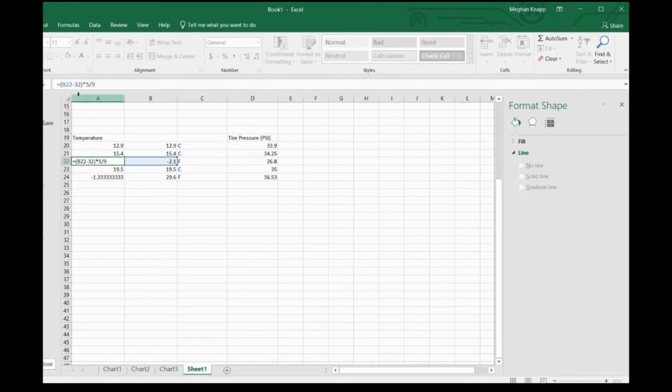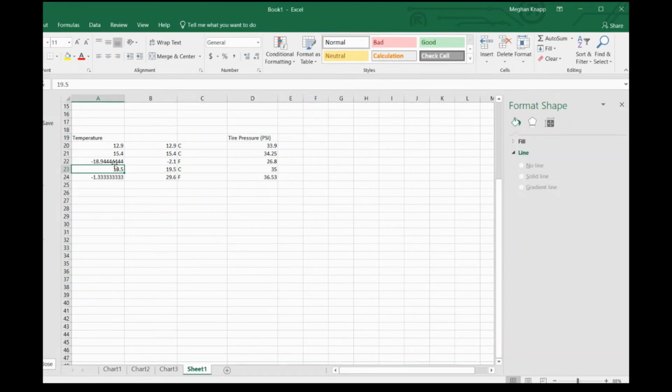I click on that, and then I use that for the formula. So I have to subtract off 32, and then I want whatever the result of that, so I put parentheses around the whole thing to be multiplied by 5/9. You cannot just put the number next to it. It will give you an error. So you have to do star 5 divided by 9. And so I've done that on both of those cases.